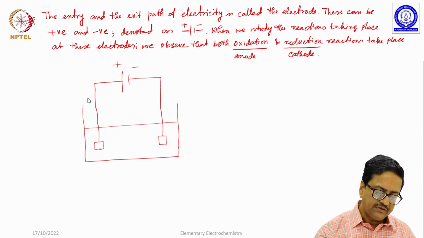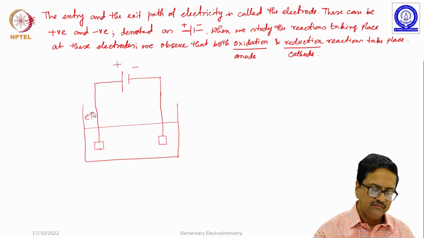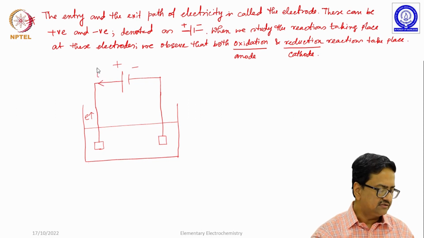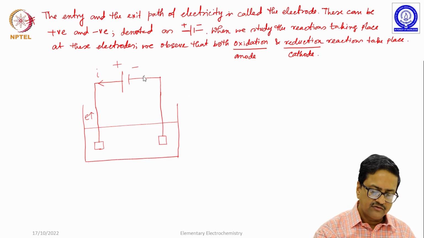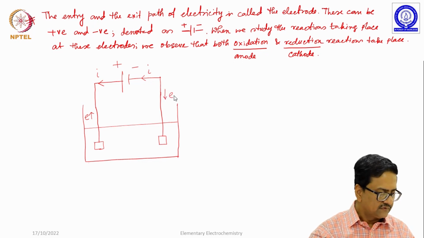So, what will happen is the electrons will flow in this direction in the outer circuit, while the current is flowing in this direction. So, I is this direction and flow of electron is in the opposite direction.